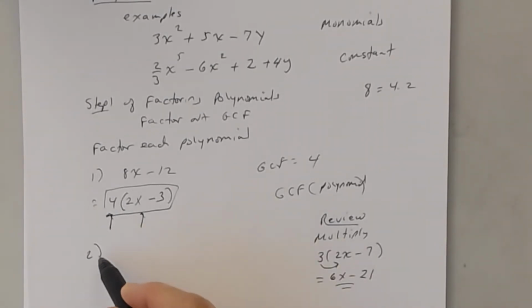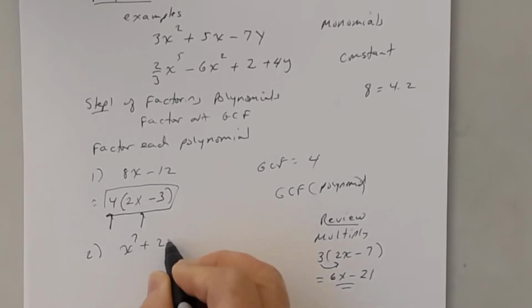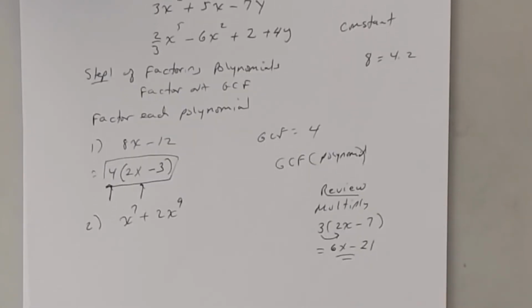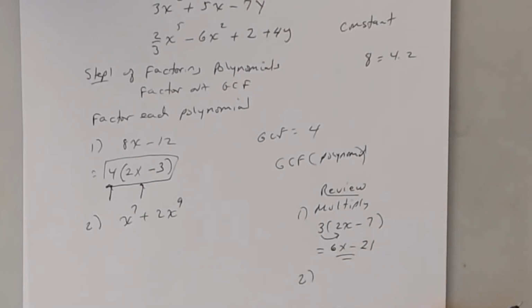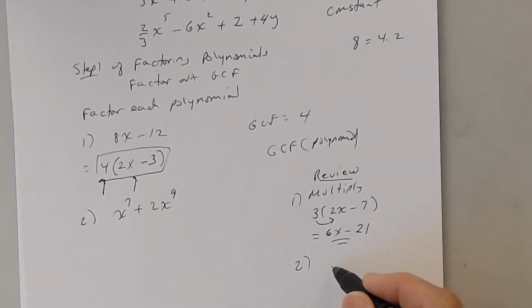Number 2. Suppose I had x to the 7th plus 2x to the 9th. Before we do that, let's remind ourselves about something you learned last semester. This is review number 1, and this is review number 2. If I had x to the 8th times x to the 3rd power, what's that the same as? x to the 11th.